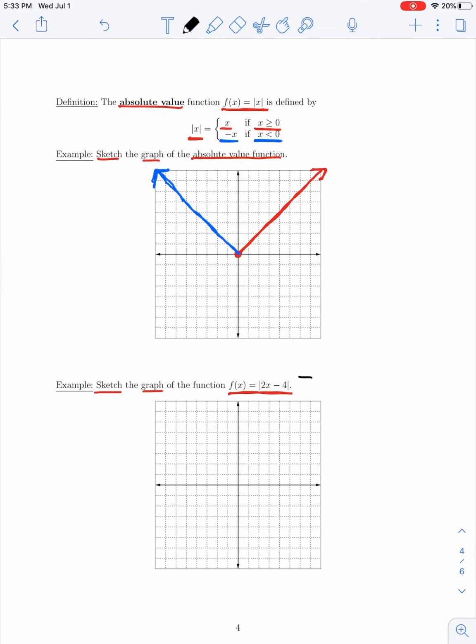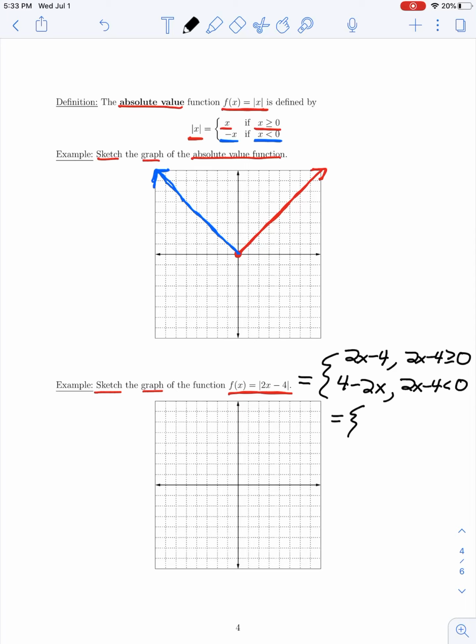So here, this function would be defined either as 2x minus 4 if that value inside the absolute value, 2x minus 4, is non-negative, and it's taken to be the negative of that value, which would be 4 minus 2x, if 2x minus 4 were less than 0.